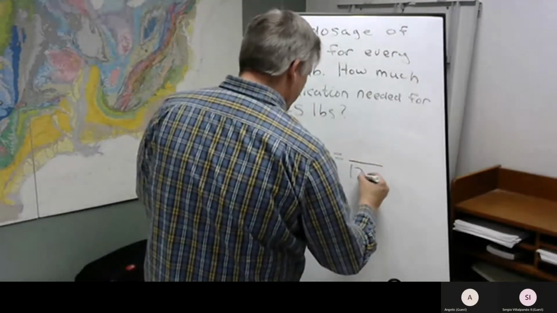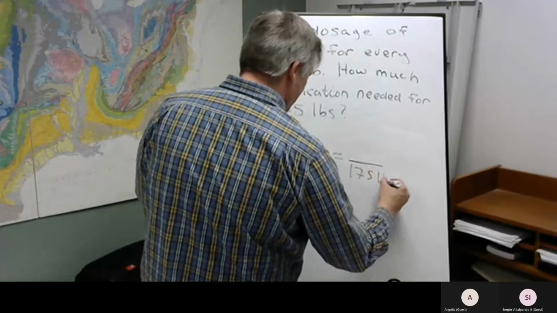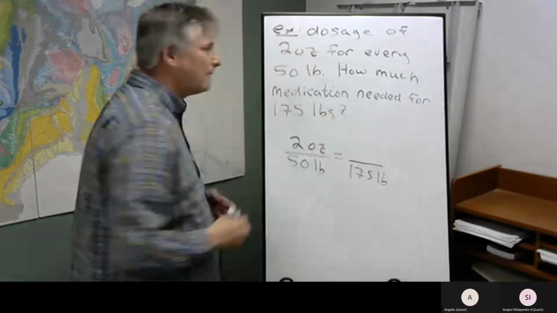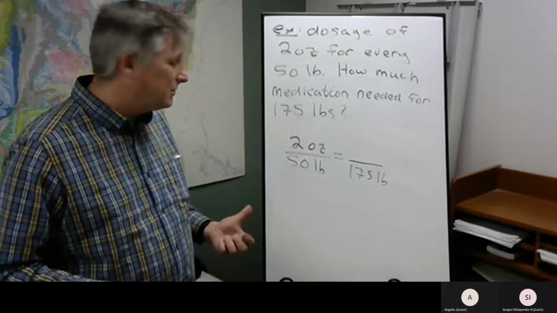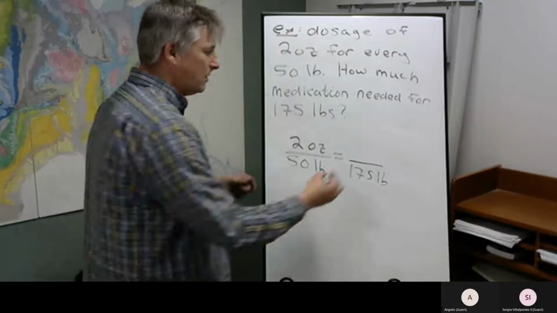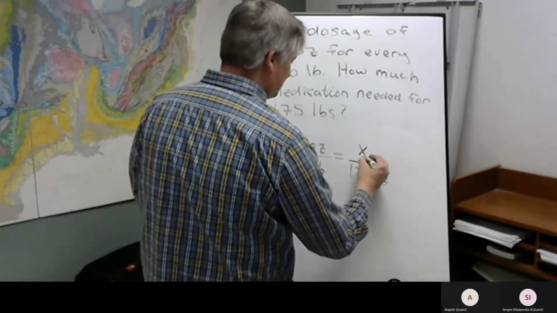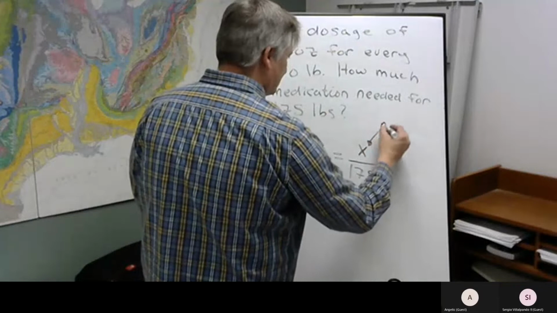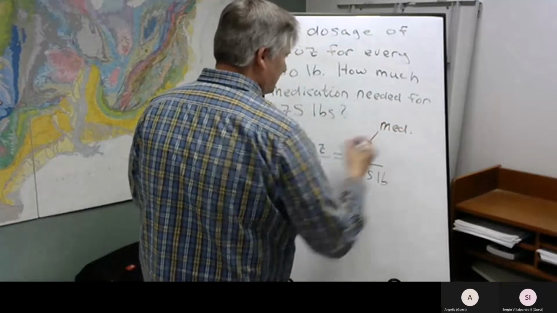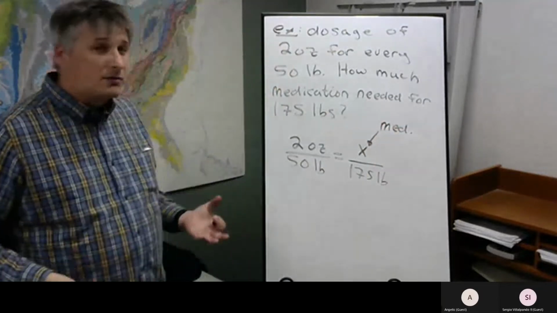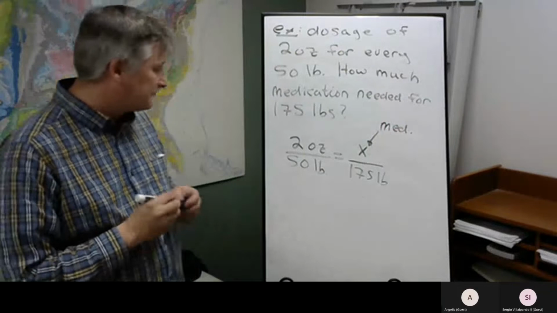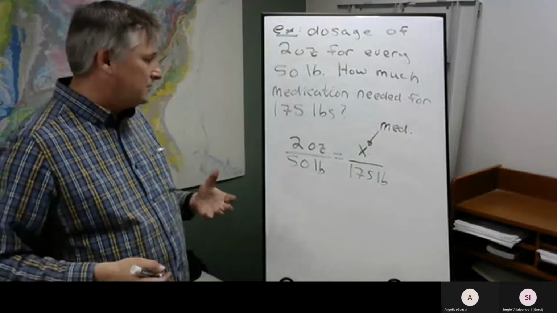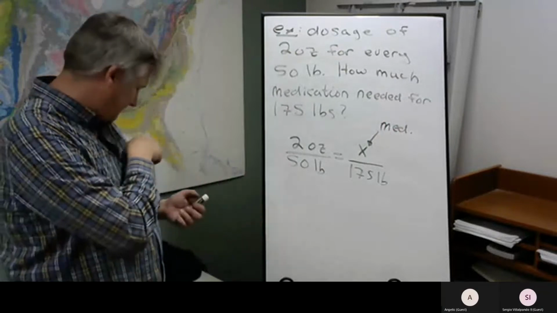So we have the body weight, 175 pounds, and well, the problem is they didn't tell us how much medication. So we're just going to call this X. So we don't know the amount of medication. So what we're going to do is means and extremes.